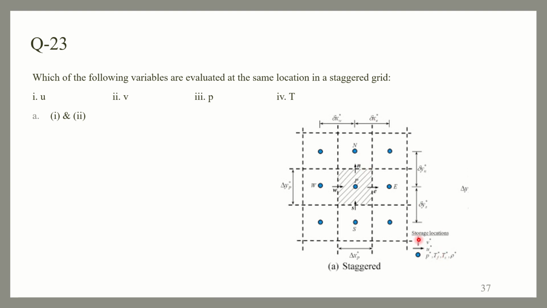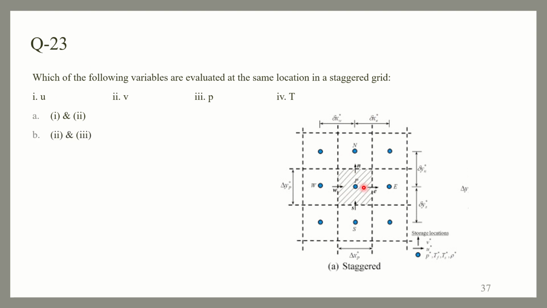So as you can see, V is calculated this way and U would be calculated this way. So they are not calculated at the same point. So these are ignored and they are false for this particular question, and P and T are scalars, so they are calculated at the center of the cells.